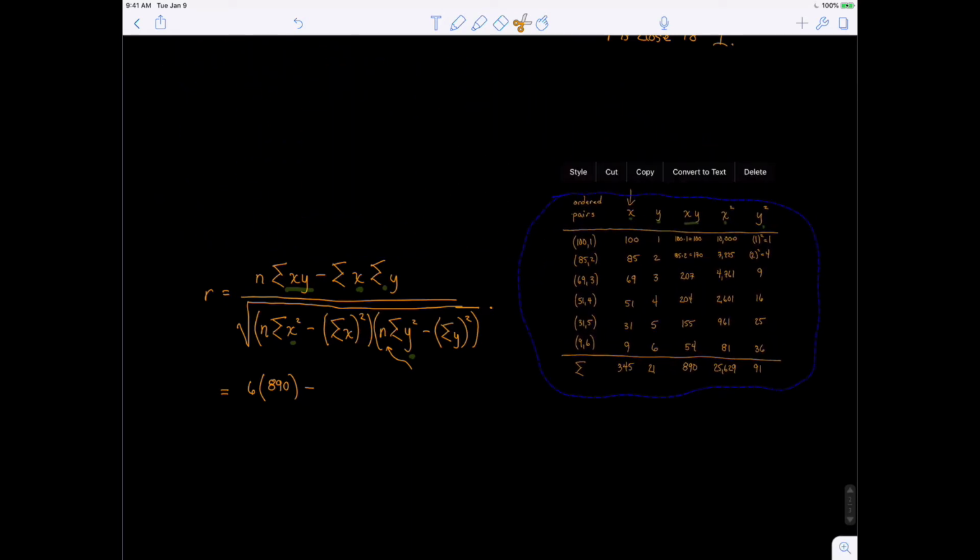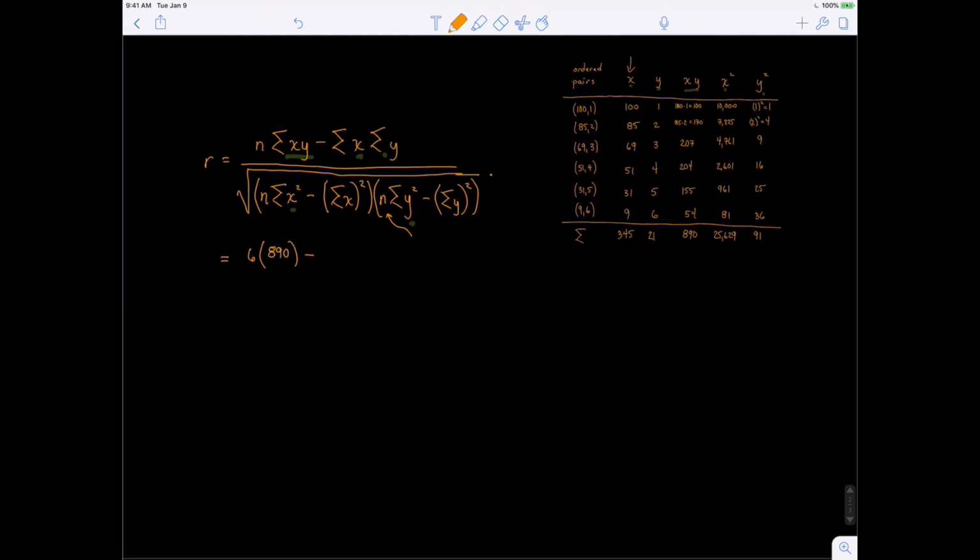There we go. So now the sum of the x's, that's the 345. The sum of the y's is 21. And then we put all of this into the square root. So we have this big, huge square root.